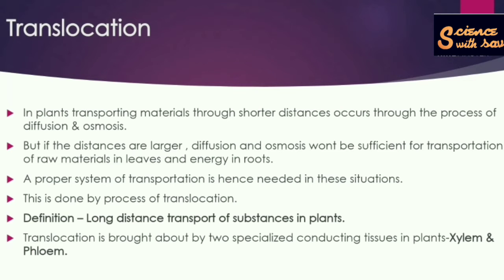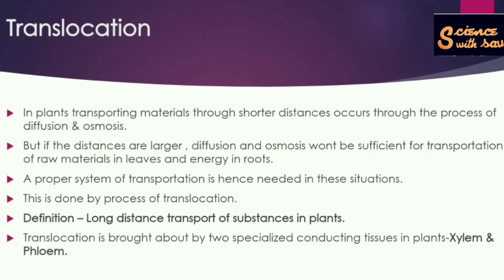That is, if the water and minerals have to reach up to the leaves for photosynthesis, simple diffusion and osmosis would not serve the purpose. There should be another system so that transporting this material over higher distances becomes easy. So in order to transport water, minerals and other substances in the plant up to a higher distance, there are specialized conducting tissues in the plants.